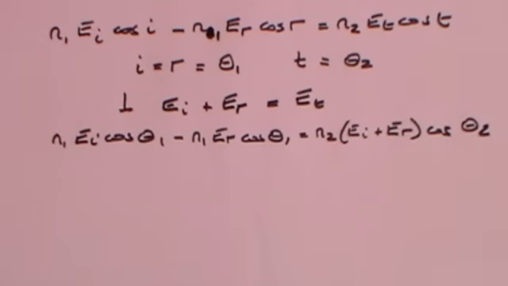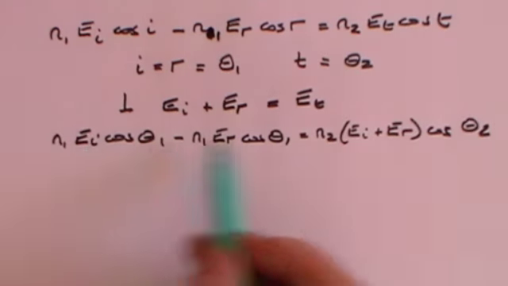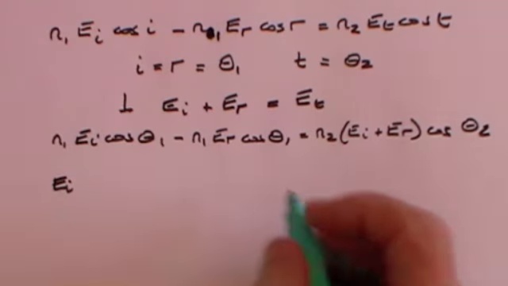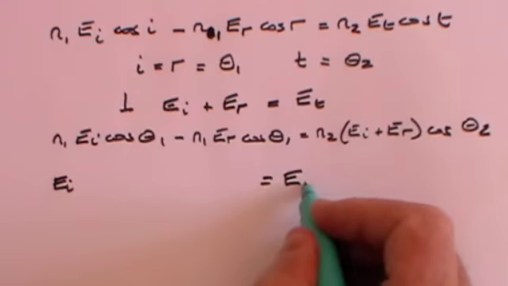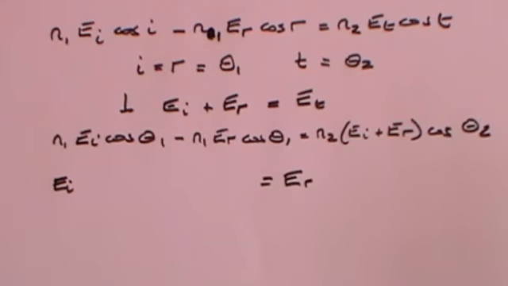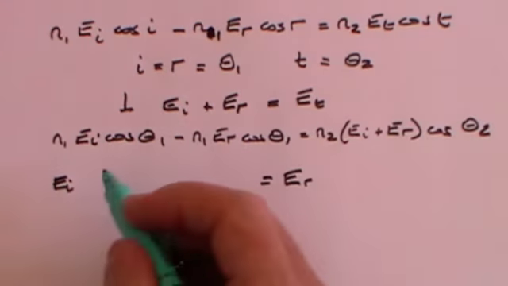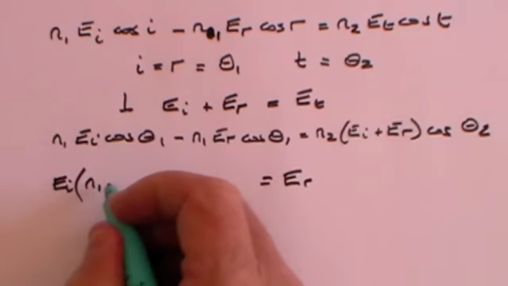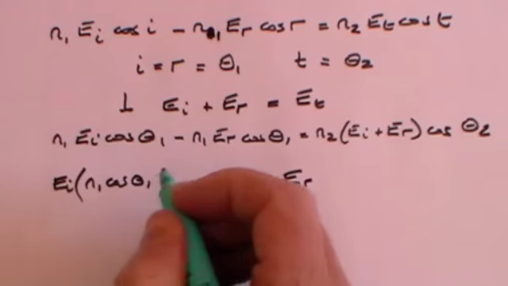Now here's the trick. What we want to do is to rearrange this equation so that we get all the EI terms on this side of the equation and all the ER terms on that side of the equation. So let's do it. Well, here's an EI term, that's N1 cos theta 1.